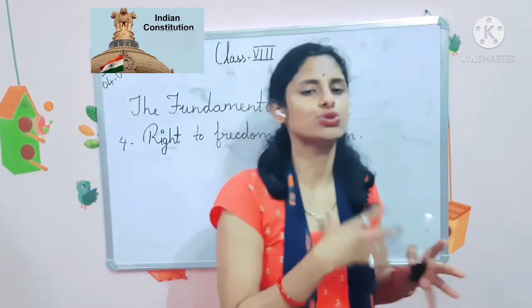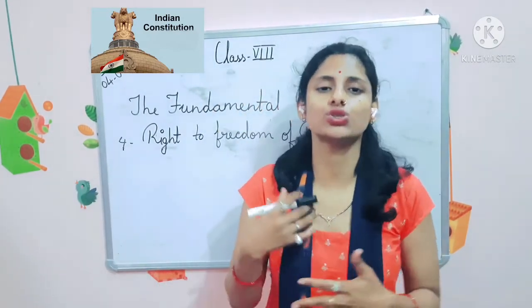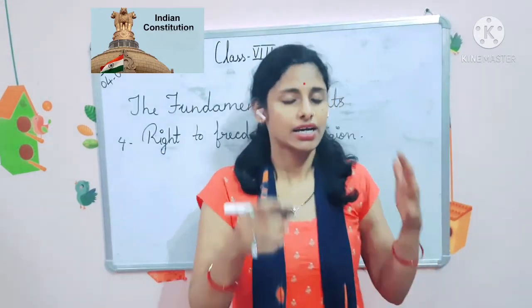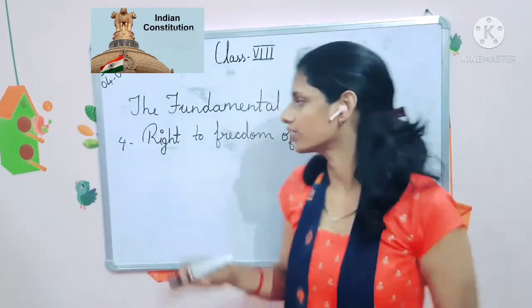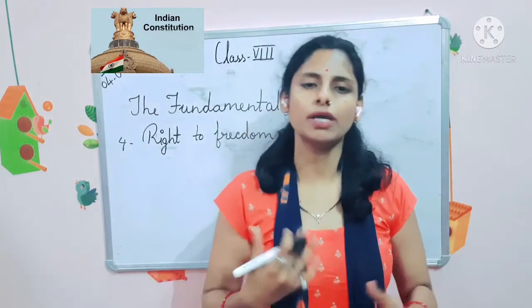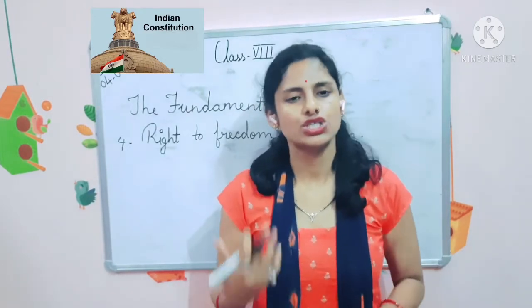They wanted to make all the people Christian and propagate their Christianity, and now, after getting the right to freedom of religion, all the people can propagate the religion of their choice.